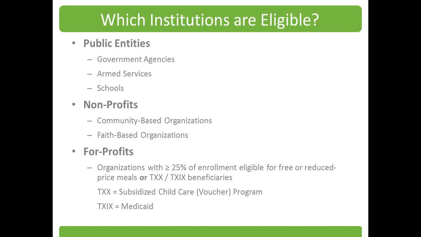Please note that you cannot combine the number of participants eligible for free or reduced price meals with the number eligible for subsidy or Medicaid benefits in order to reach the 25% threshold. You have to choose one method or the other. Also, this same requirement applies to for-profit centers that participate as facilities under a sponsoring organization.